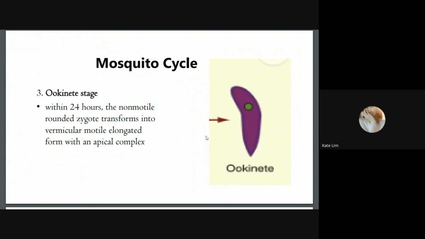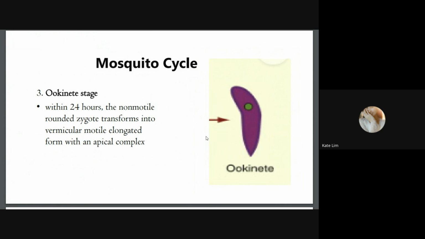So this ookinete has an apical complex. If you have remembered, apical complex is for adhesion. Apical complex, class, is not just for adhesion, but it is also a specialized structure that would help move the ookinete through the mosquito's midgut wall.